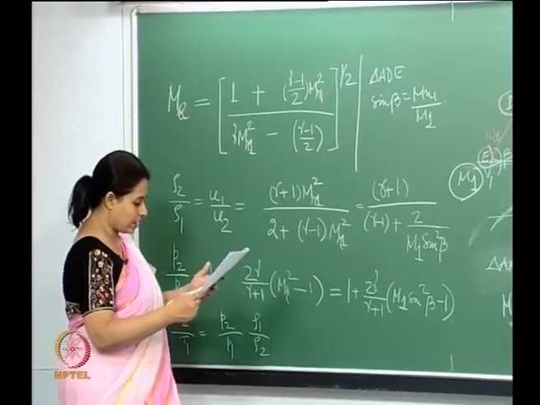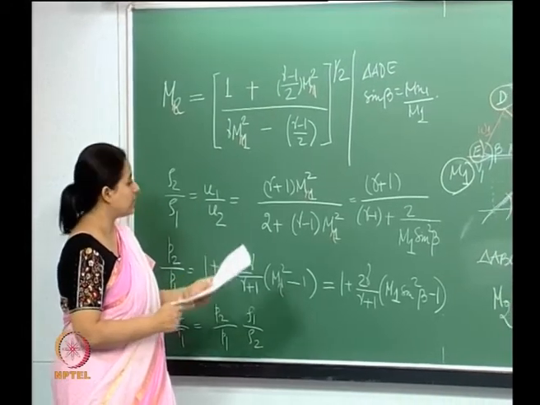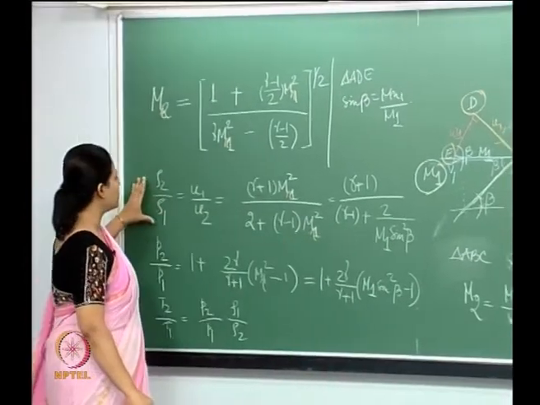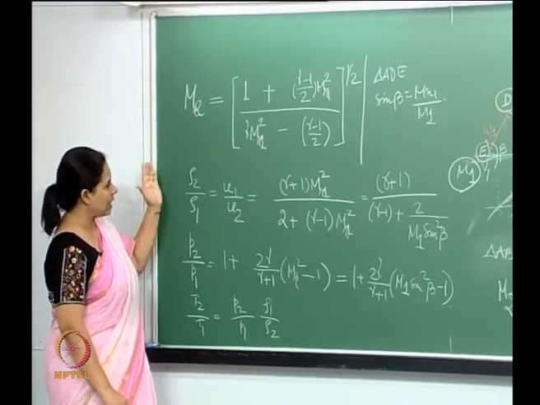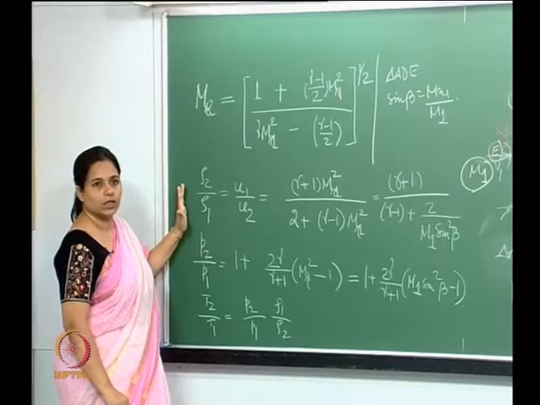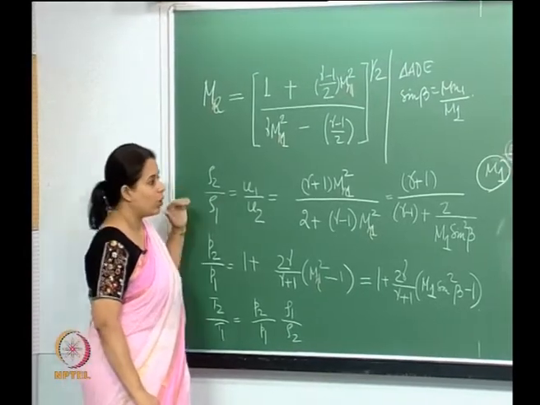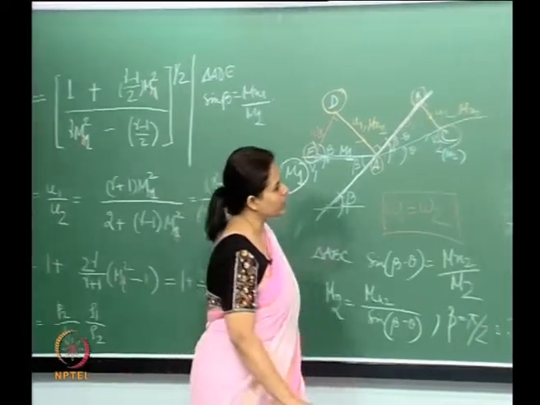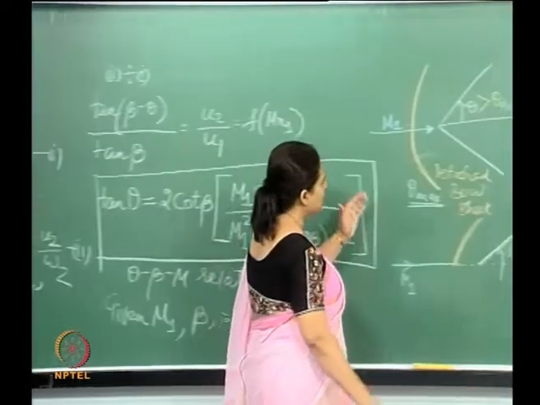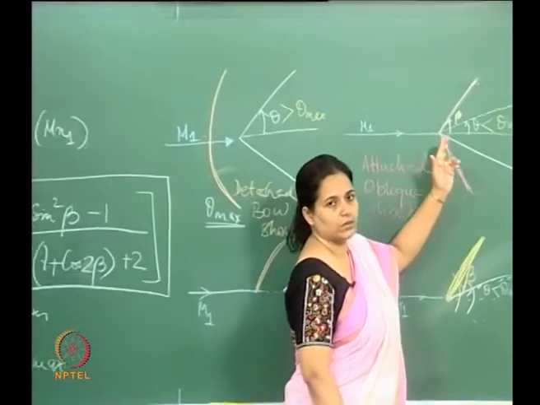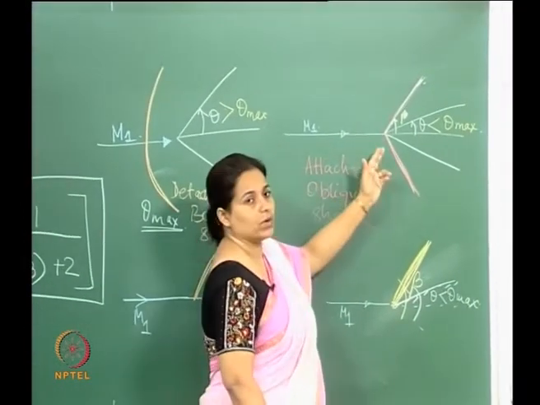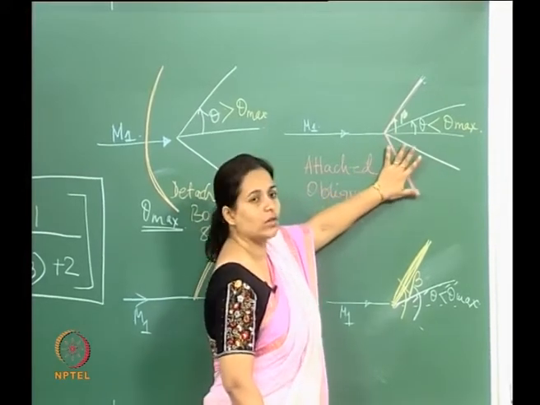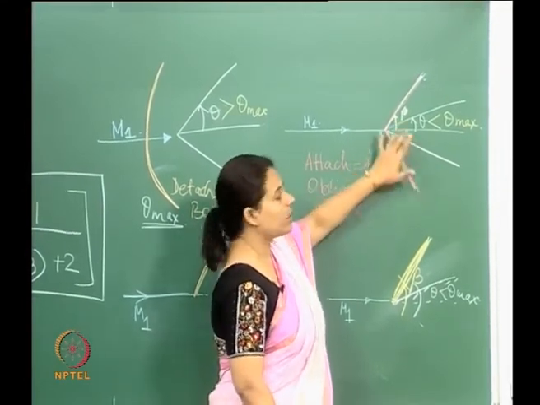What we're trying to do again is connect the change in the flow properties with the geometry of the shock. Because what we're seeing is that for a given Mach number, if I change the geometry of the body, the geometry of the shock also changes, so beta also changes.